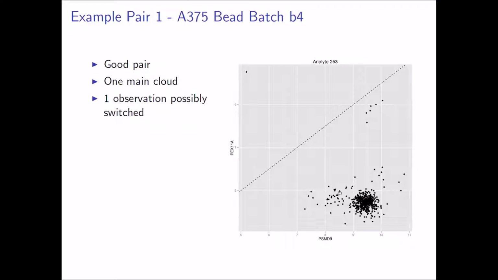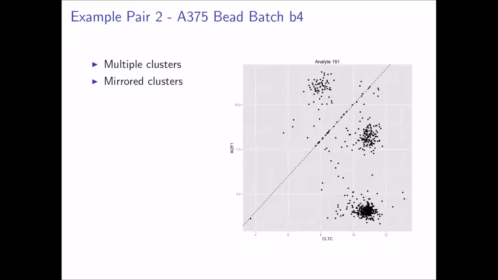It looks like if the gene values were switched, it would fall right into this cloud pretty nicely. So I would think that maybe that was just one where the gene pairs got flipped. Like I said, this is one of the nicer examples.